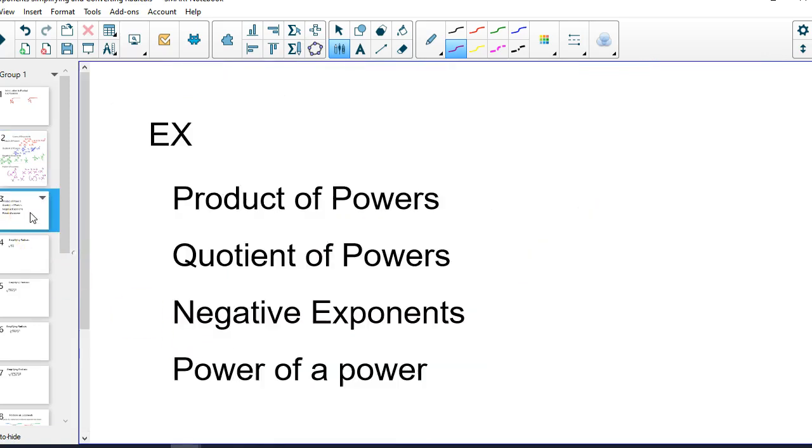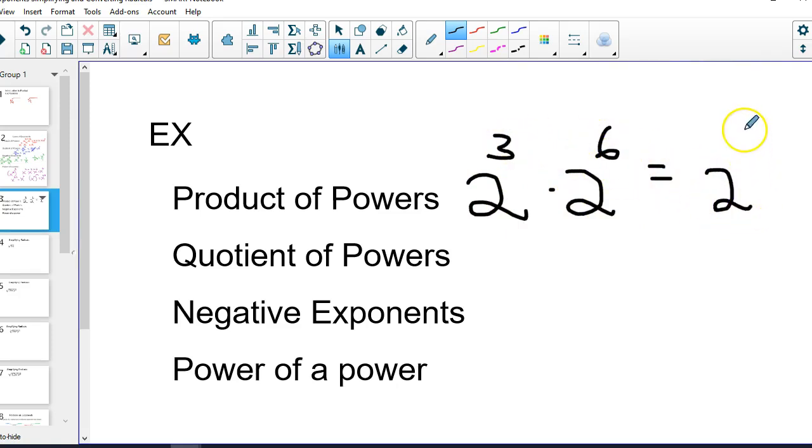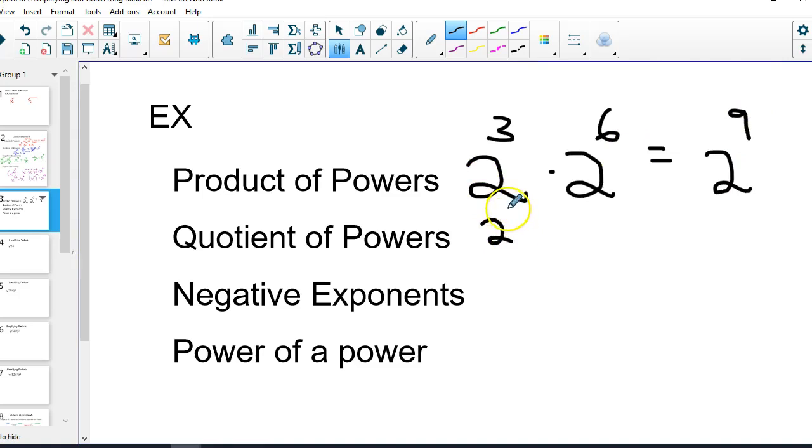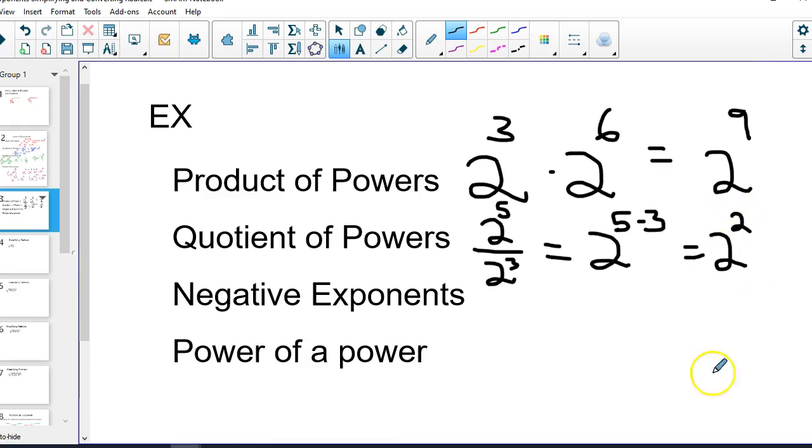All right, and let's look at a couple examples of this. If I had a product of powers, say we have 2 cubed times 2 to the 6th, we'd add 3 and 6 together to get 2 to the 9th. For a quotient, if I had 2 to the 5th power divided by 2 cubed, we'd subtract 5 minus 3, which is 2 squared.